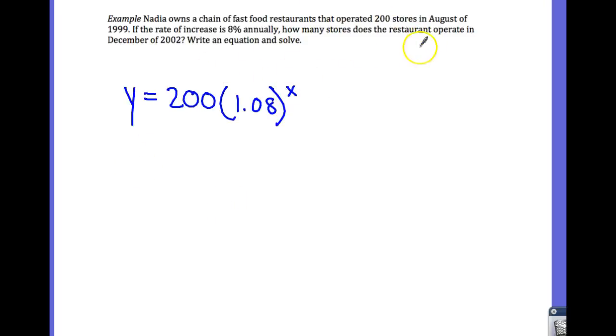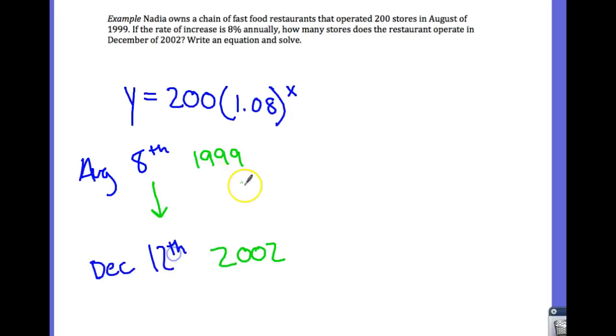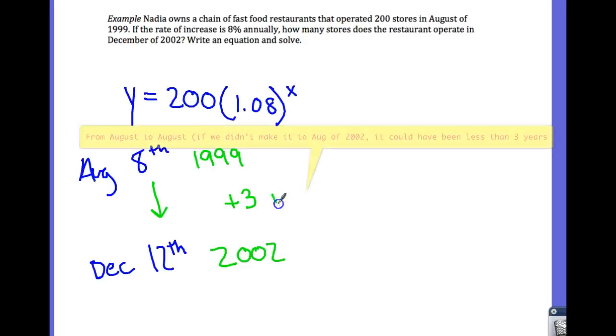So remember, there are 12 months in a year. August is the 8th month, and December is the 12th month. So I need to consider going from the 8th month in 1999 to the 12th month of 2002. So from 99 to 2002 was 3 years.